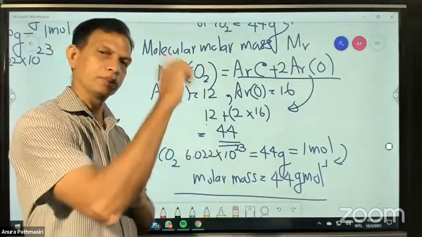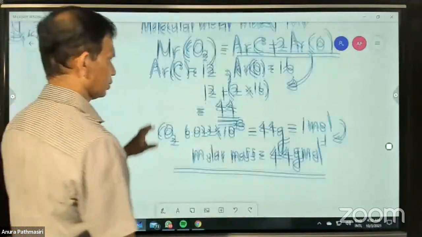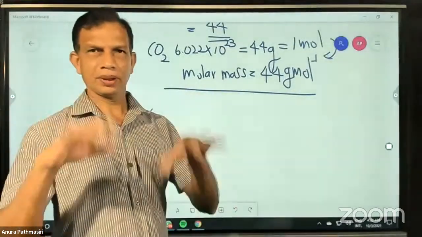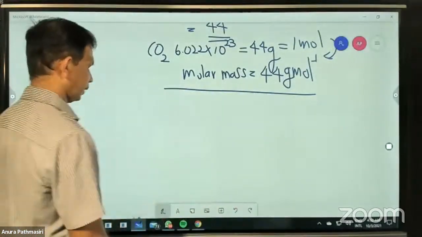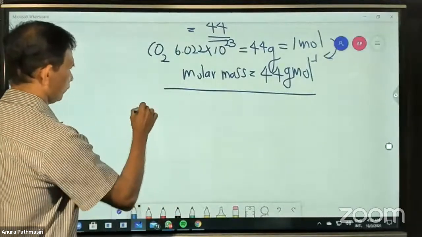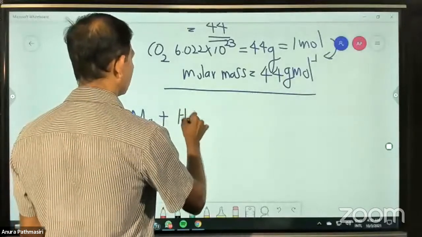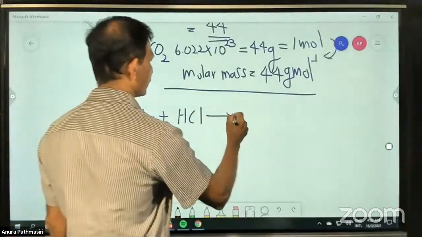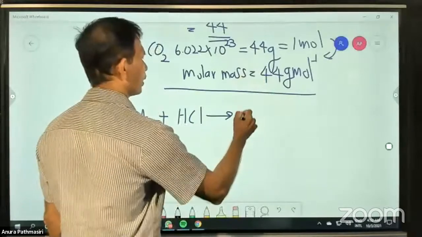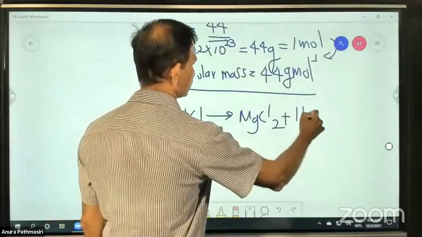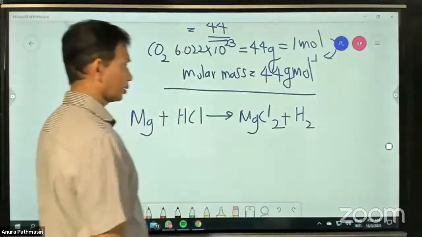And I'm going back to that equation, the place where you got in trouble. Magnesium reacts with hydrochloric acid and makes MgCl2. Hydrogen gas is released.